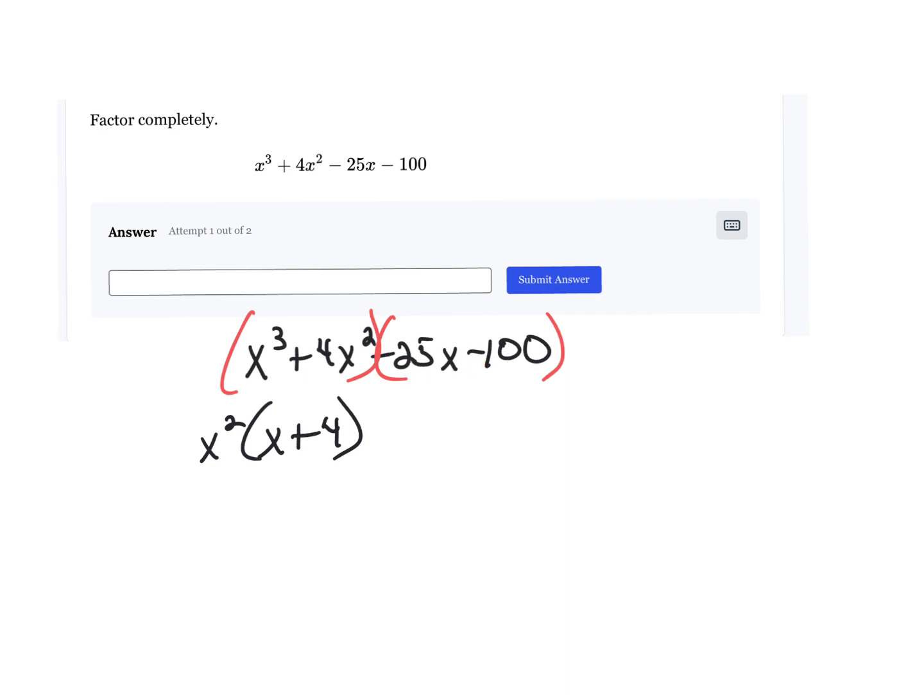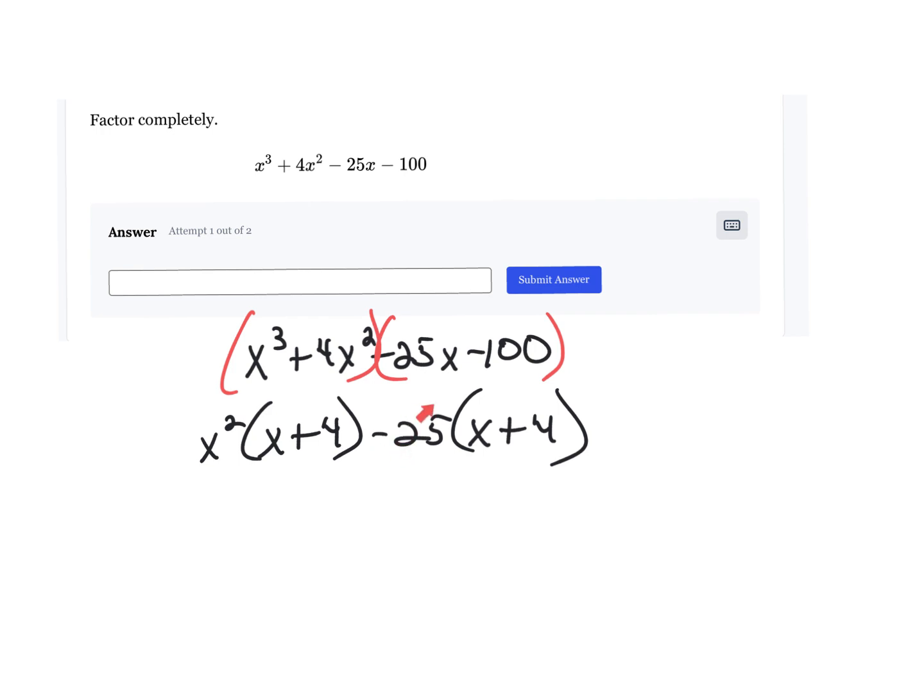But they're both negative. So I'm going to consider what 25 and 100 have in common. Well, 25, because 25 goes into 25 once and it goes into 100 4 times. They're both negative, so I'm factoring out the negative 25. And what remains is x plus 4.